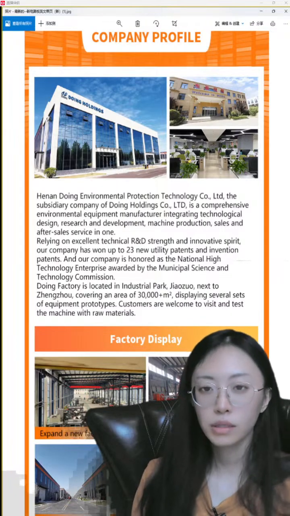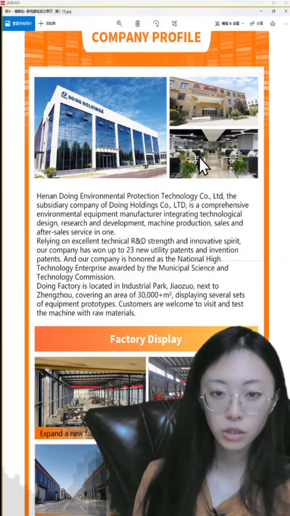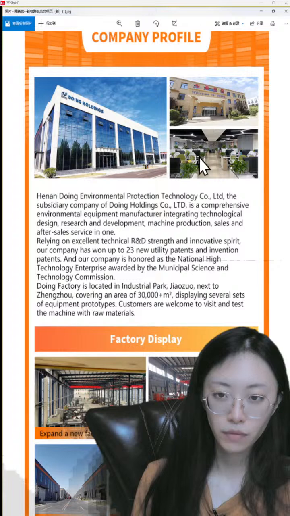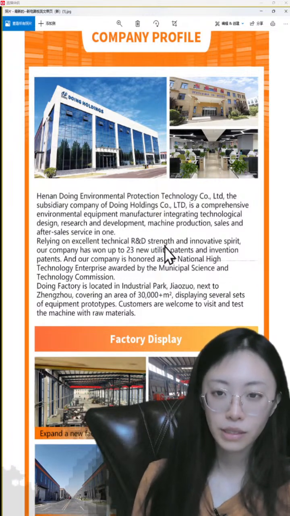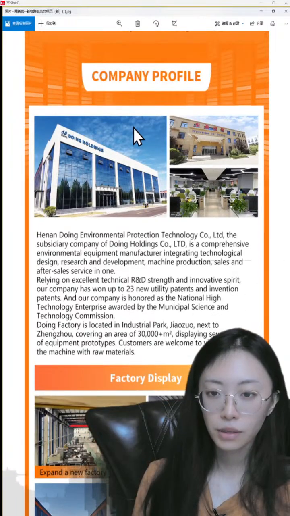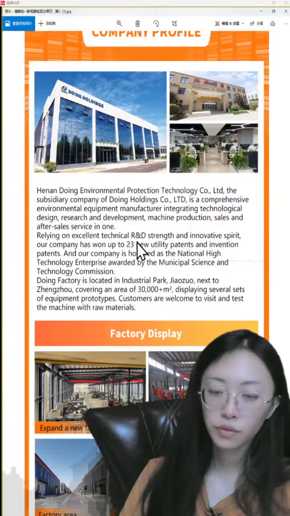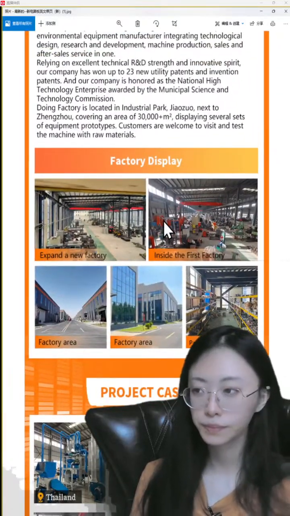Here is a picture of our factory and our company. The company is in Zhengzhou, the capital of Henan province, and the factory is next to Zhengzhou in Jiaozuo city. It covers an area of 40,000 square meters with different workshops for different products.